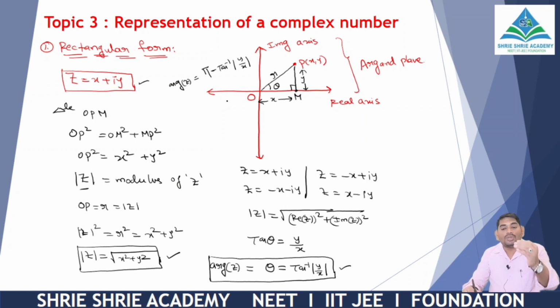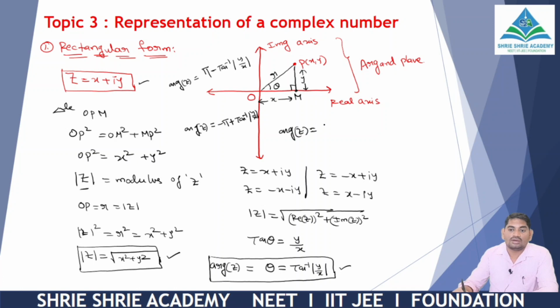Suppose the point P lies in the third quadrant, then its argument is minus pi plus tan inverse of mod y by x. Suppose the point P lies in the fourth quadrant, then its argument of z is minus tan inverse of mod y by x.